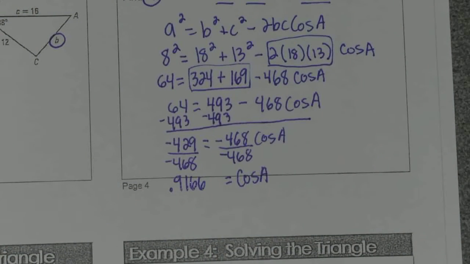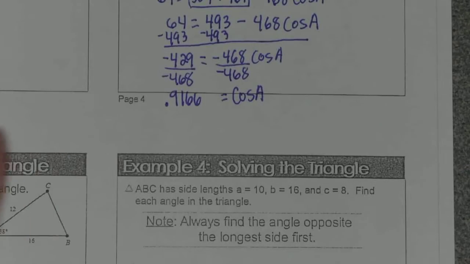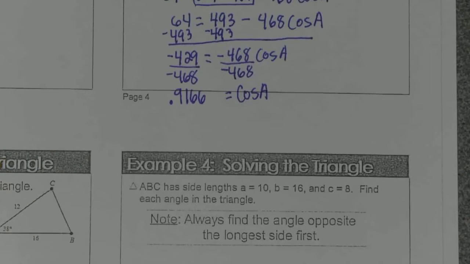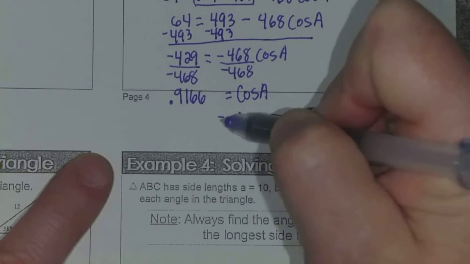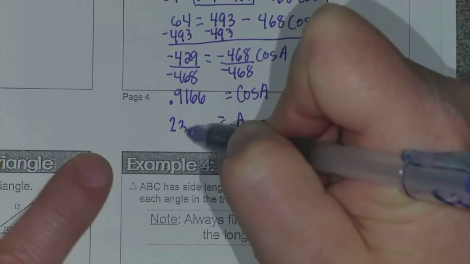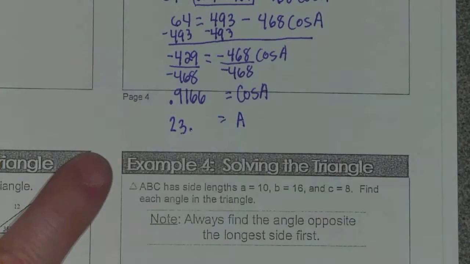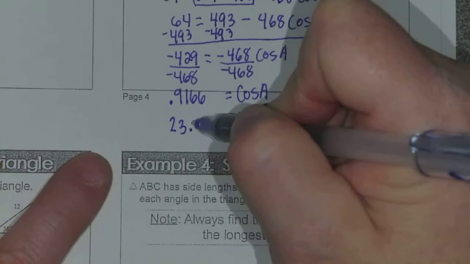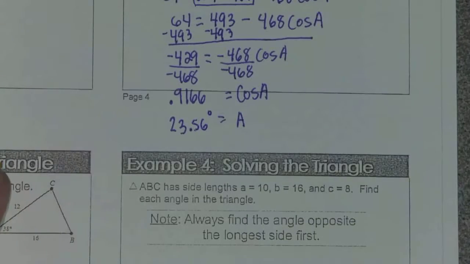How do I solve that? My last step? Inverse cosine, yep. So I'm just going to do the inverse cosine, and I'm using that whole number in my calculator just by using that second answer key. When I do that, what'd you get for angle A? I got 23.56 degrees.